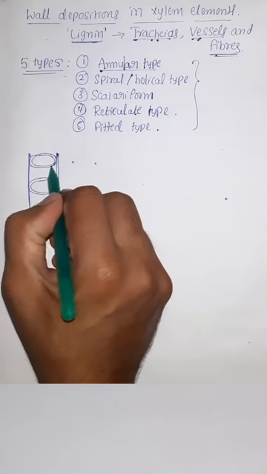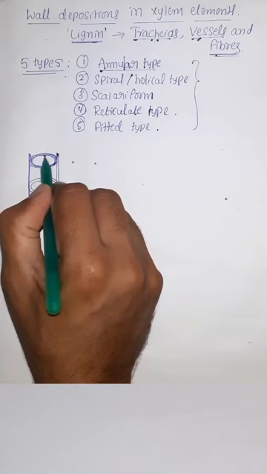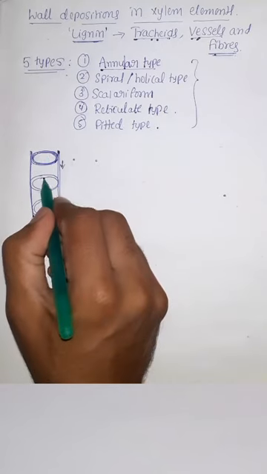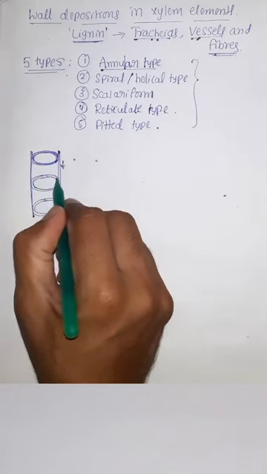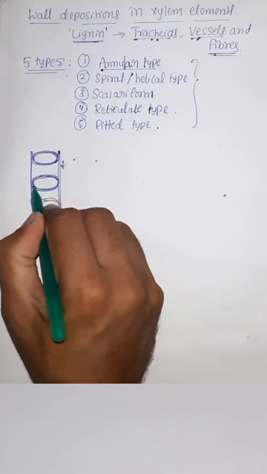Here the lignin deposition can take place after regular intervals. Again the lignin will be depositing like this in a circular manner.